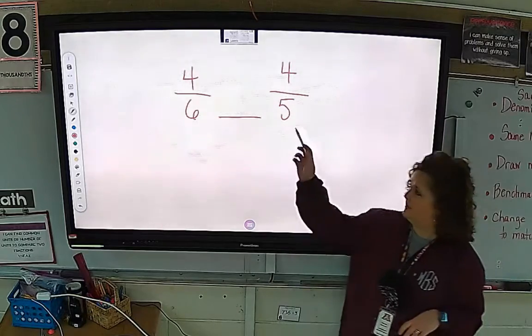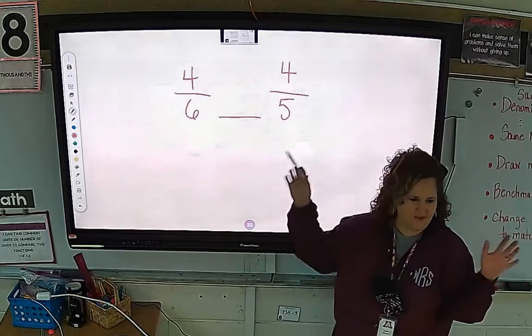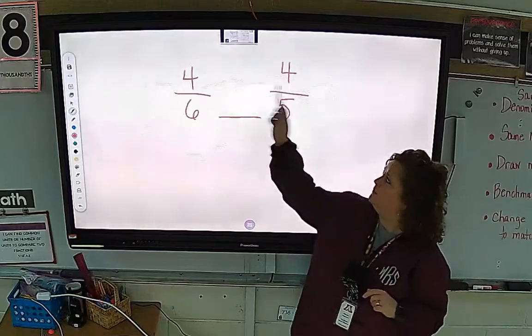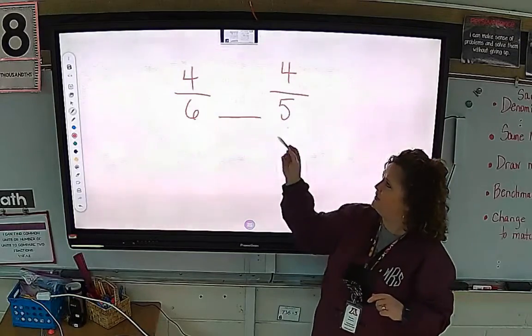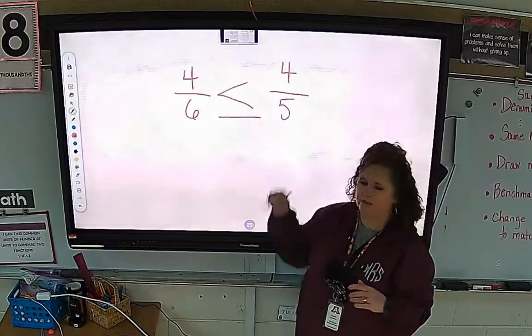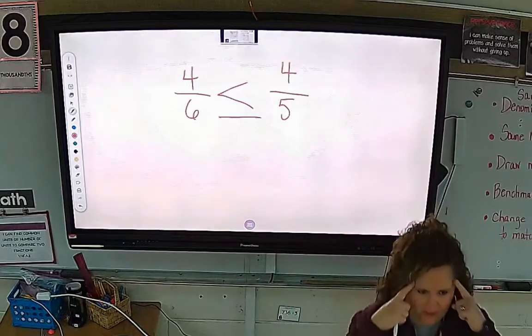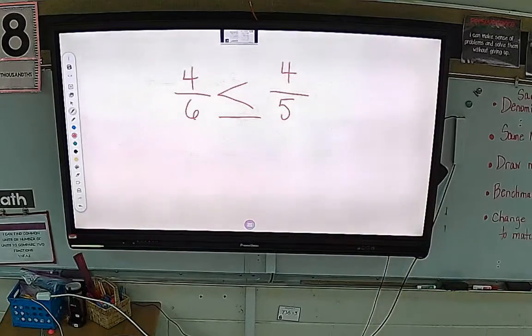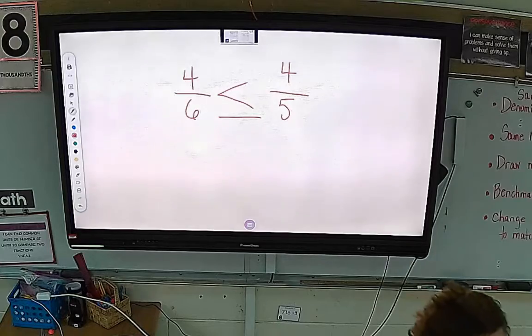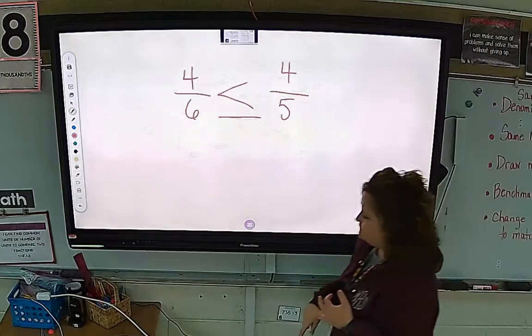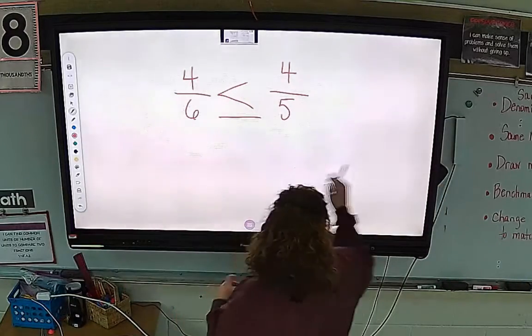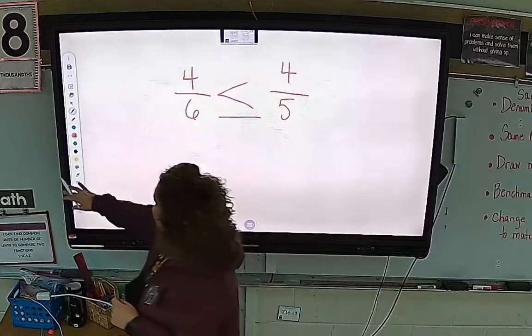These are bigger. Smaller denominator, bigger pieces. So same number of pieces, but these are bigger pieces. So see, I can just reason that out. I can just think that through. I don't have to draw my number lines or my tape diagram to do that. All right, let's just do one more and then we'll move on.